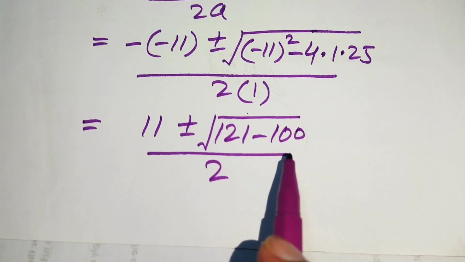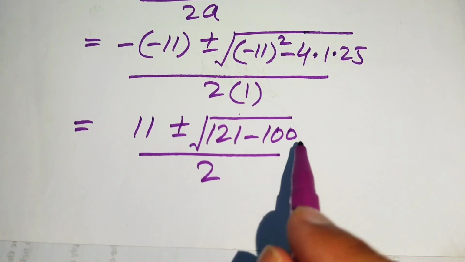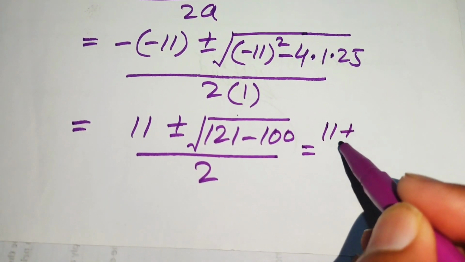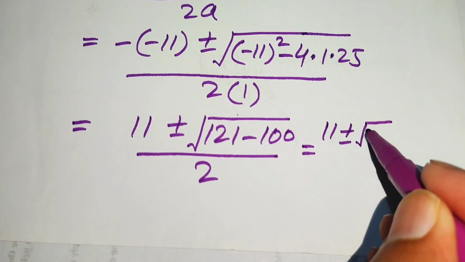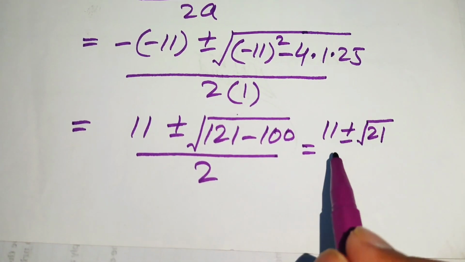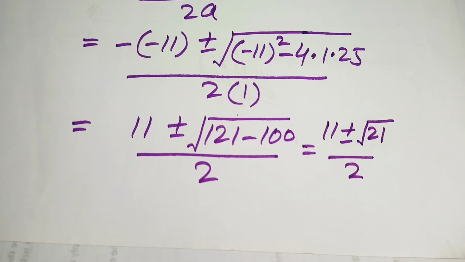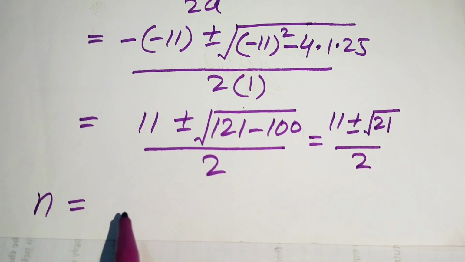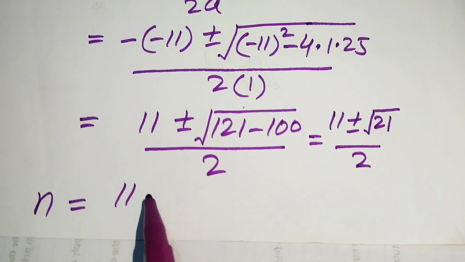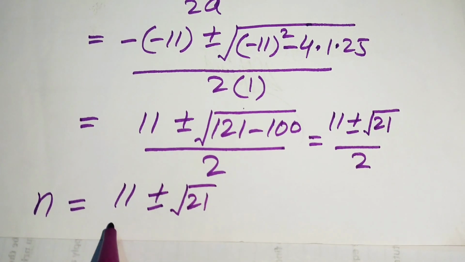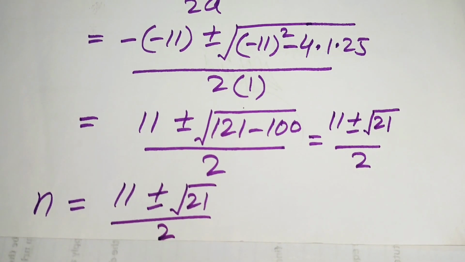So here we subtract 121 by 100, and it is equals to 11 plus minus square root of 21. So when you subtract these two, you get only 21, and it is divided by 2. So here we have the values of n is 11 plus minus square root of 21 divided by 2.